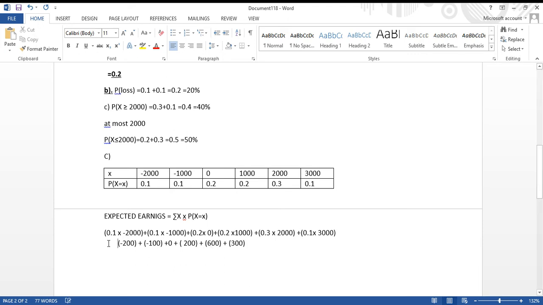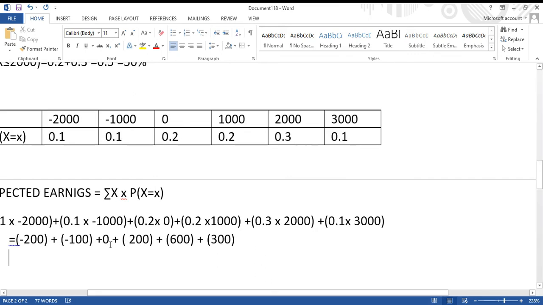All right. So this negative and positive sign becomes negative. These two here, this negative and positive, it makes negative. All right.